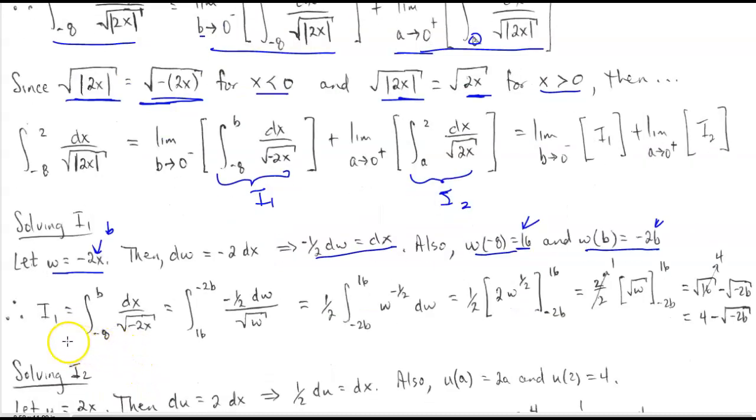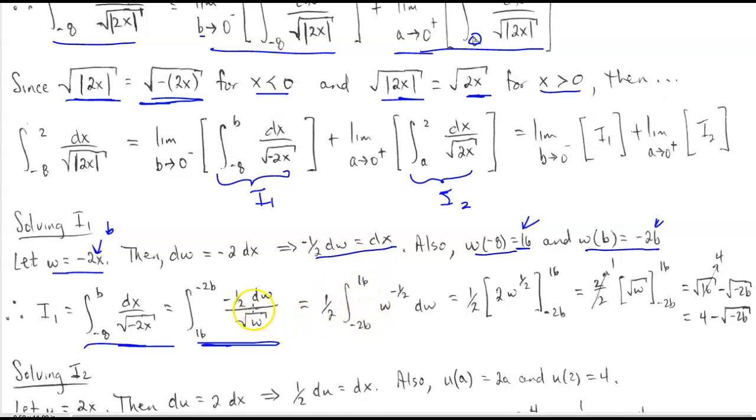So we substitute what we have here for everything in terms of w. We switch the limits of integration from 16 to -2b, to -2b to 16. That's because we're assuming here that b is a positive number, so this negative number will always be smaller than the positive number 16.